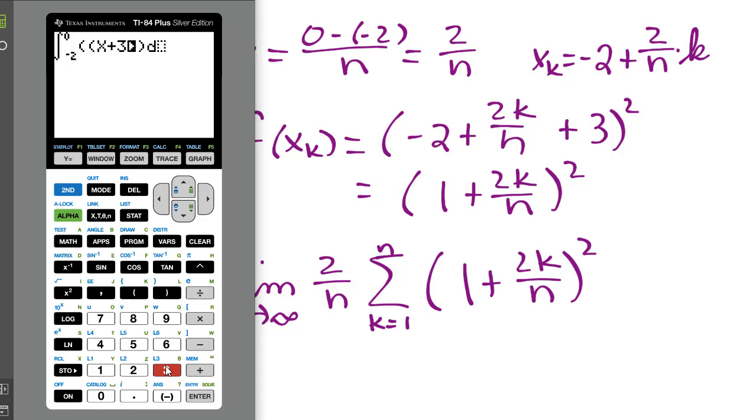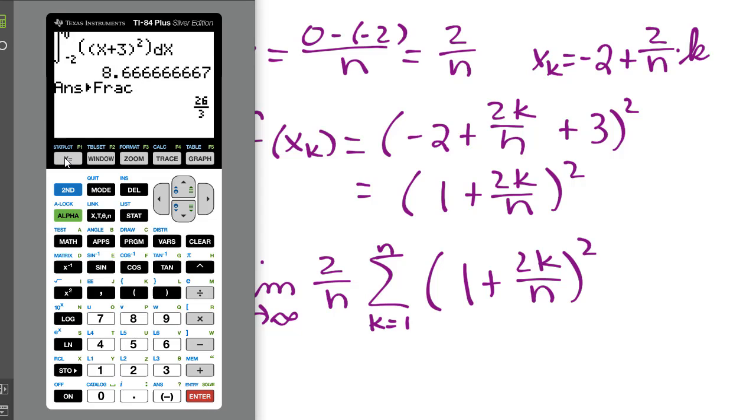X plus 3 squared, and we're doing this with respect to x, dx. If I hit enter, we get 8.667, or I can convert that to a fraction. It's 26 thirds.